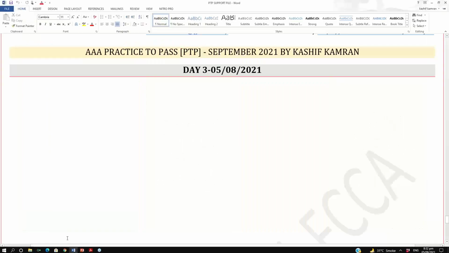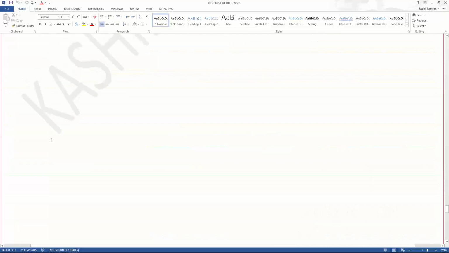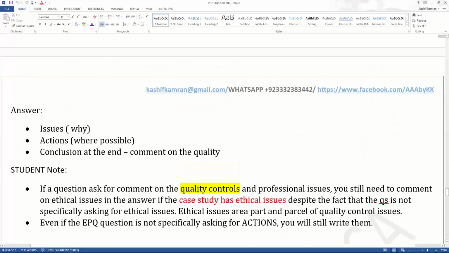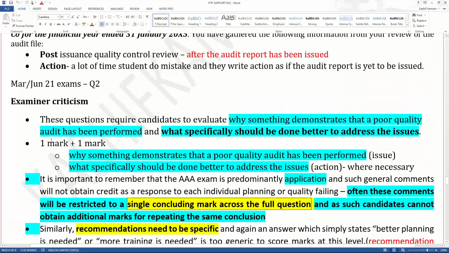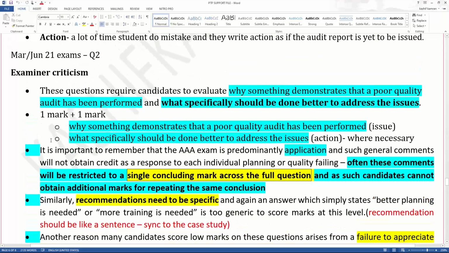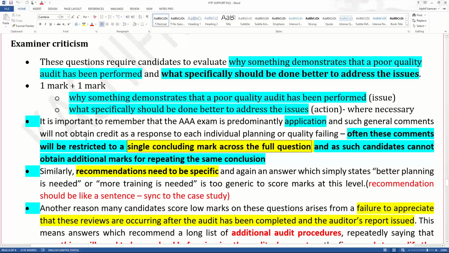Now, if I just take my Word file, which I use every day, and for a minute go to the preceding Word file which I was using yesterday on day 2, just to ensure a quick recap of things before we get to the day 3 agenda. Yesterday, in day 2, we went across the examiner criticism, and that was very, very important.